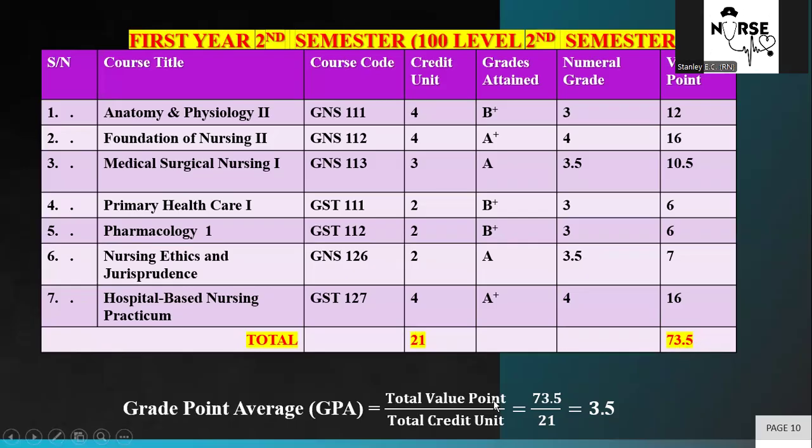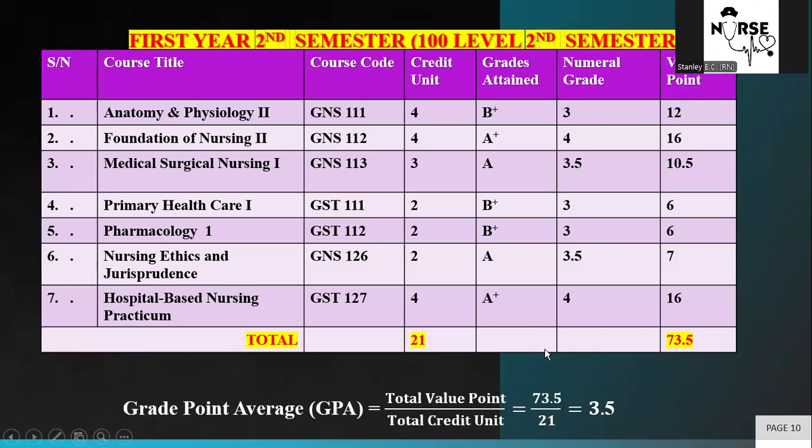Your total value point divided by your total credit units will give you your GPA. So for this second semester of 100 level, we get 73.5 divided by 21. And what we have is 3.5. So for the second semester, this student has a 3.5 GPA.